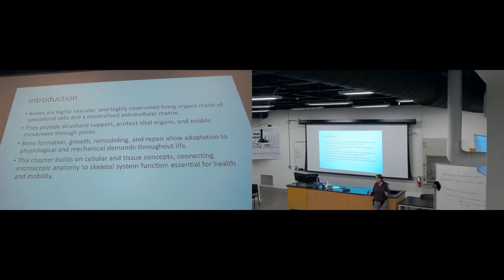You already know that from chapter 1. The skull, the cranial cavity with the bones, protects the brain. The vertebrae protect the spinal cord. The rib cage protects the heart, the lungs, and the great blood vessels. So they provide protection to vital organs and enable movement through joints.